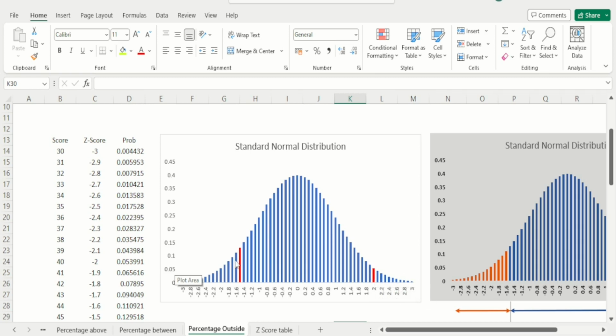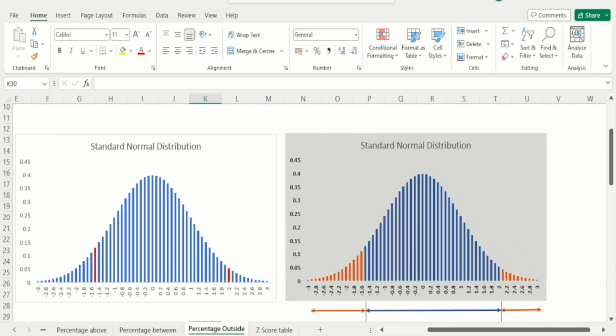So if you add up this area right here and this area right here, then you would have calculated the percentage of data points which are outside of these two numbers. Extending that further, as you can see on the graph of the standard normal distribution for this data distribution on the right hand side, if you add up both of the brown colored sections right here, you will arrive at your answer.